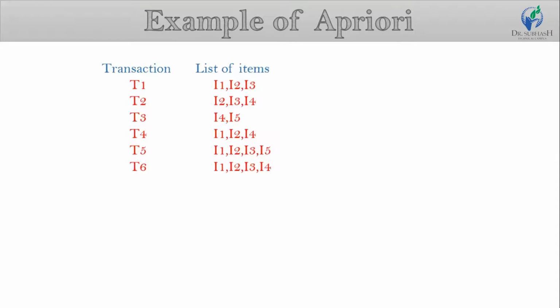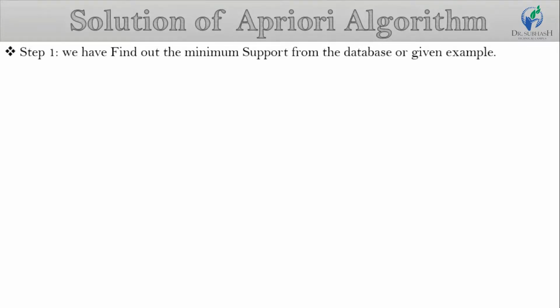And the support threshold is given as 50% and confidence is 60% for that example. So, we start the solution of the given example. In step 1, we find out the minimum support from the database or given example.